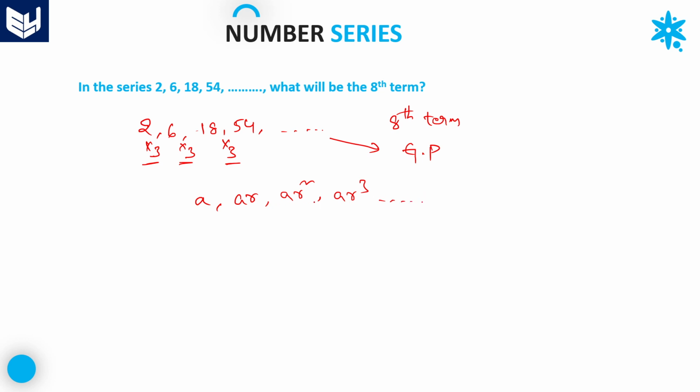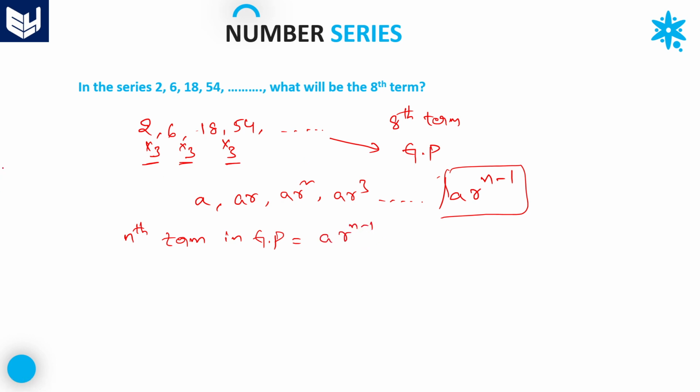The nth term is AR power n minus 1. Nth term in GP is equal to A into R power n minus 1.